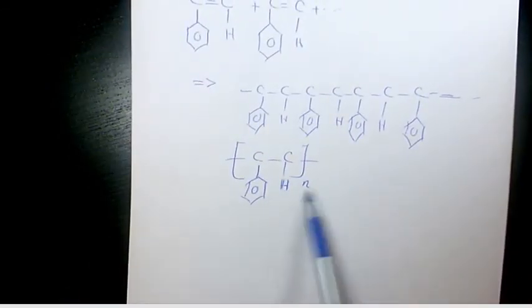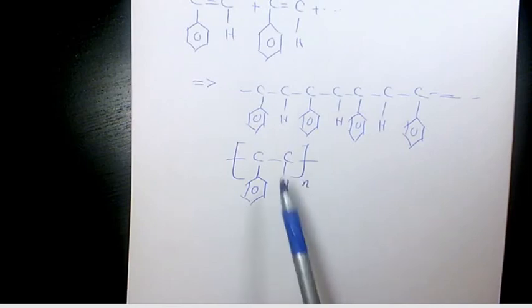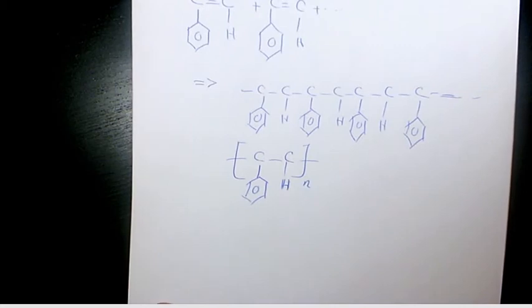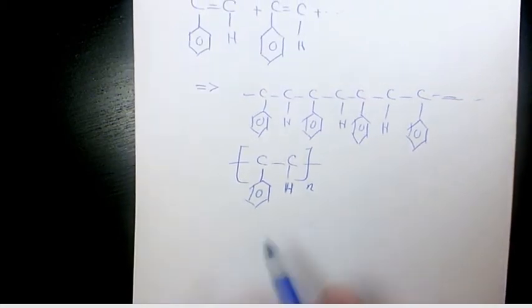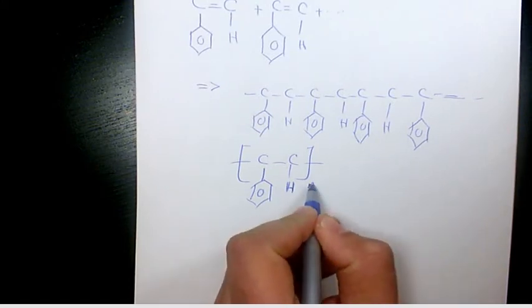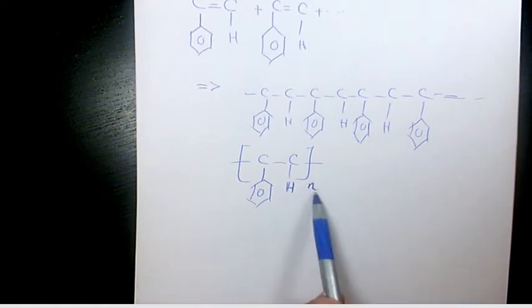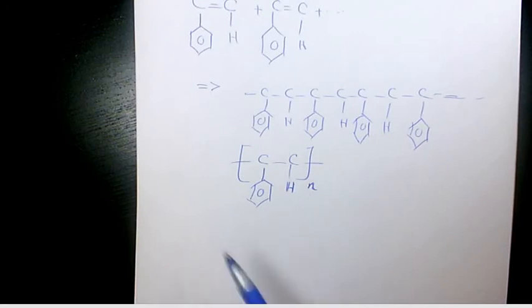This n shows how many of these are connecting to each other, and n shows the degree of polymerization, which is related to the molecular weight of the polymer. If we have a higher degree of polymerization, we definitely have more molecular weight.